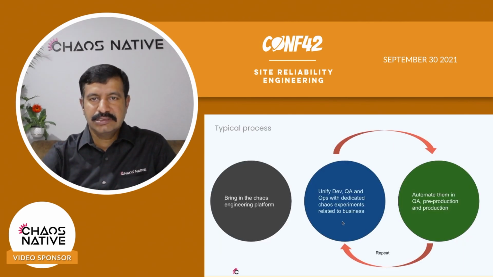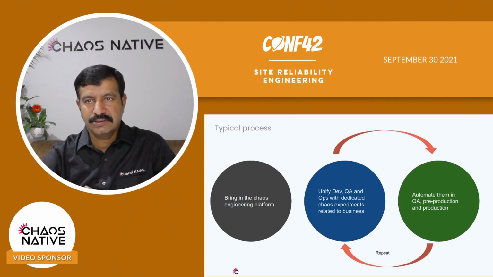So the typical process is you find a suitable chaos engineering platform. Don't try to do everything on your own. There are tools available, platforms available for you to get started very quick. Much of the work is done by these platforms. And then you start spending time in identifying the chaos scenarios, start building them properly, design them properly, implement them properly, and then start automating.